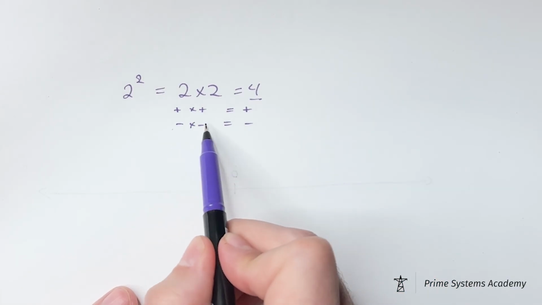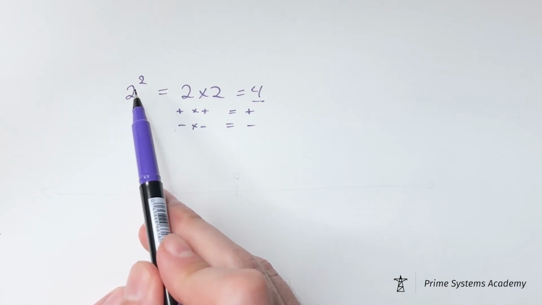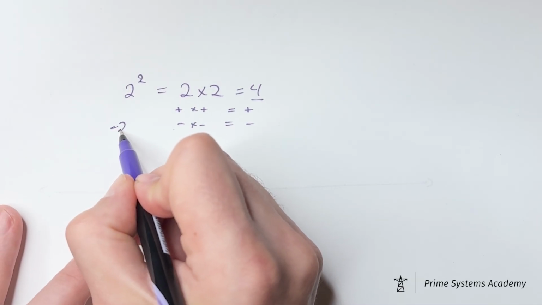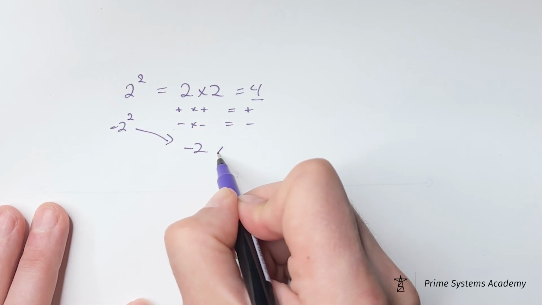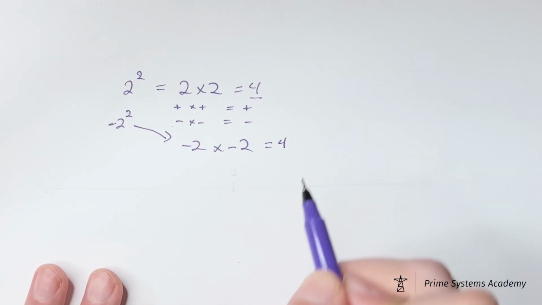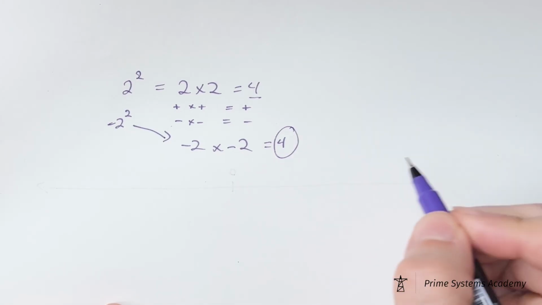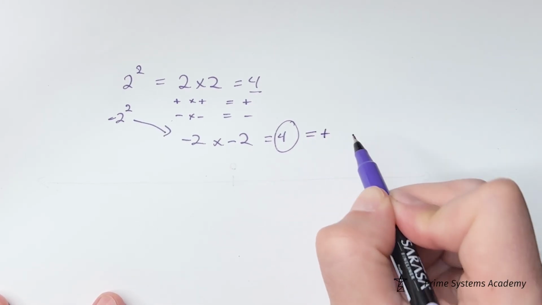You're never going to have a difference of signs because you're multiplying it by itself. So if this was negative 2 squared, then it would be negative 2 times negative 2, which would equal 4. Because we're squaring, this is always going to be a positive number.